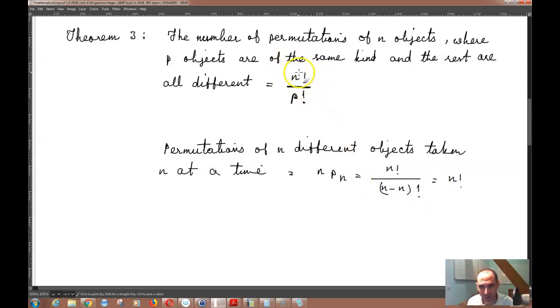That's where this n factorial comes from, right? And then since p objects are of the same kind, you want to take out that p factorial. That's why you divide by p factorial, and so you'll end up with n factorial divided by p factorial.